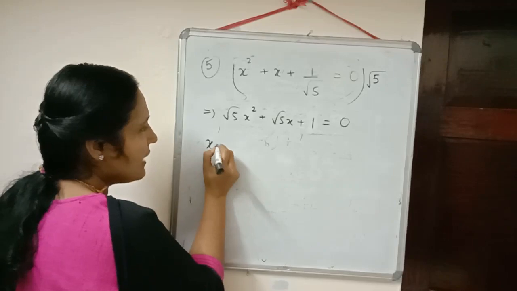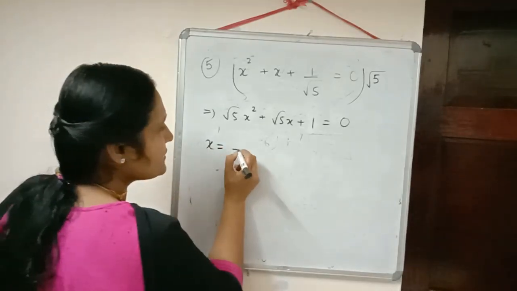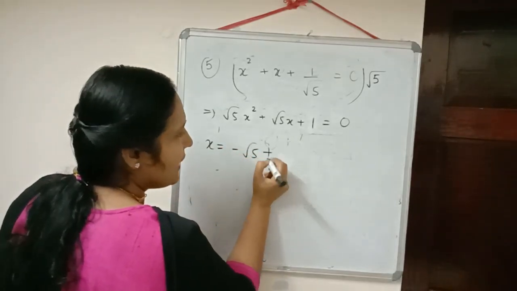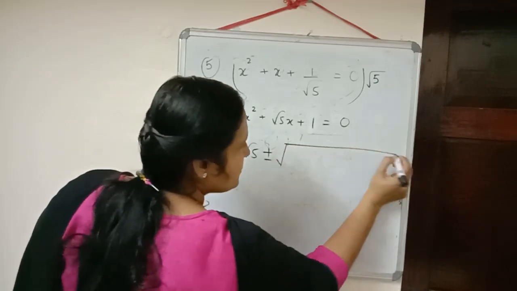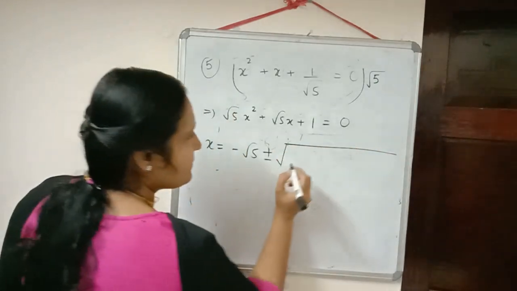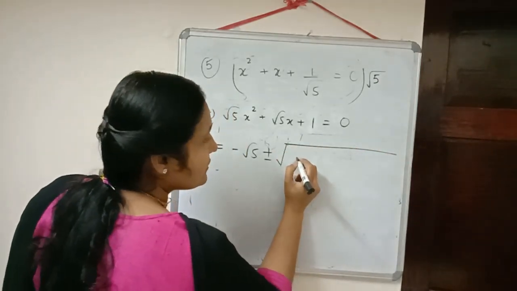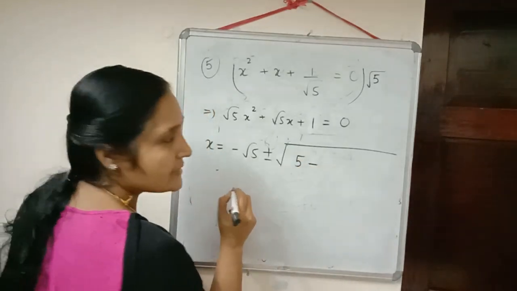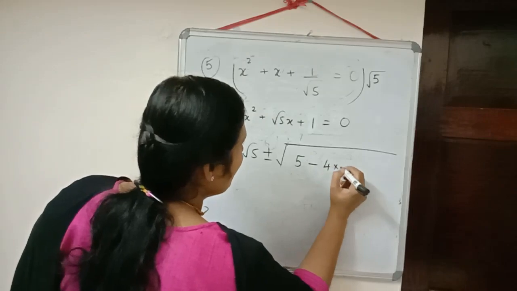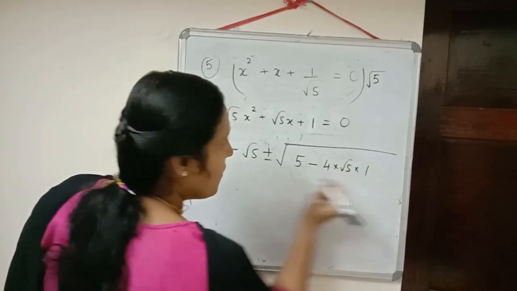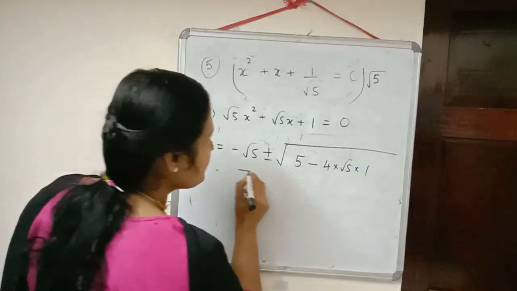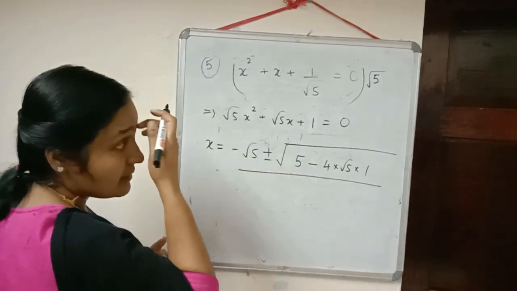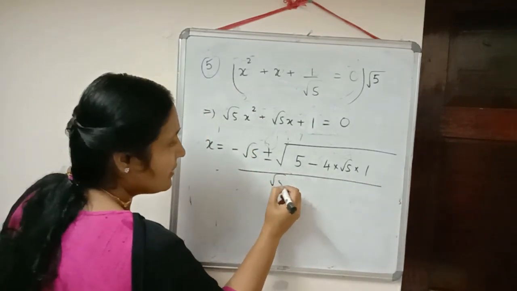Now substitute the value. x is equal to minus b. So minus root 5 plus or minus square root of b square, so root 5 the whole square, so that will come 5, minus 4ac, 4 into root 5 into 1, correct? By root 5.